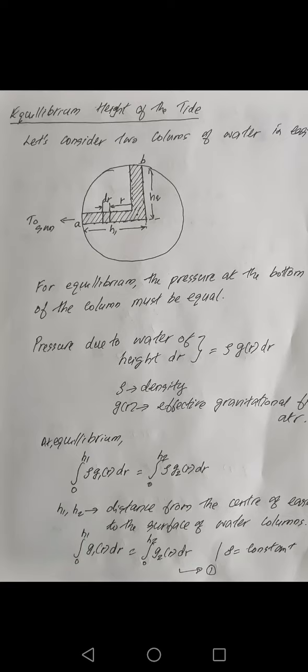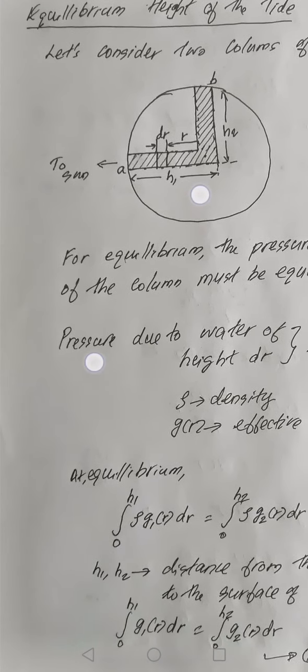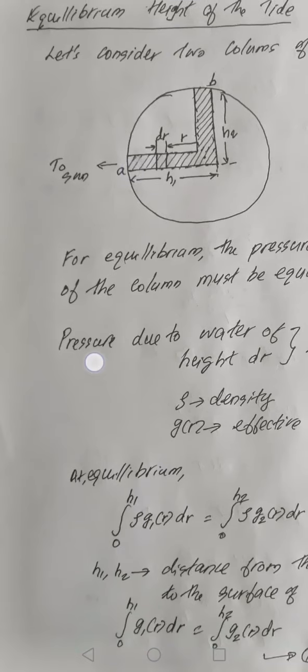For that, let us consider two water columns in earth. So this is our earth. One water column, the first, H1, is in the direction of sun. This H1 is the height from the center to the level of water. And H2 is the height from the center to the level of water of the second column, which is perpendicular to the first.